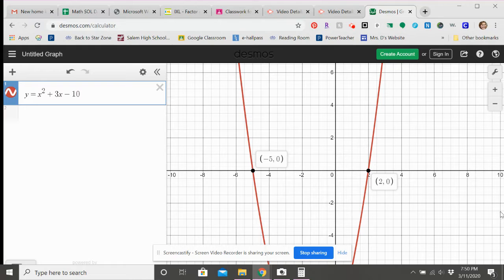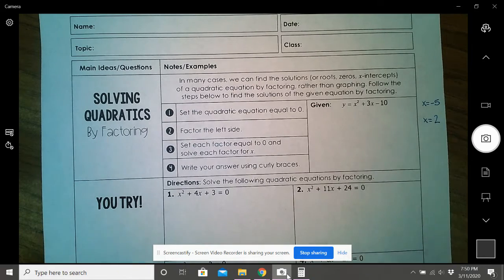And we can see that really clearly when we graph this function. But we want to have an algebraic way to solve as well, and that's where factoring comes in. So I'm going to go ahead and write these answers down over here in the margin. X is going to equal negative 5 and x is going to equal positive 2. And now let me show you how to get there by factoring.